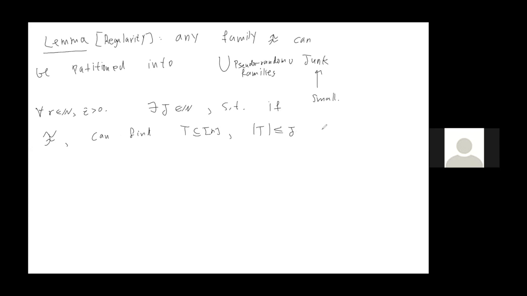That is, if I take a random sample according to the restriction, and I look at the restricted family, then the probability that it is not pseudo-random is small.